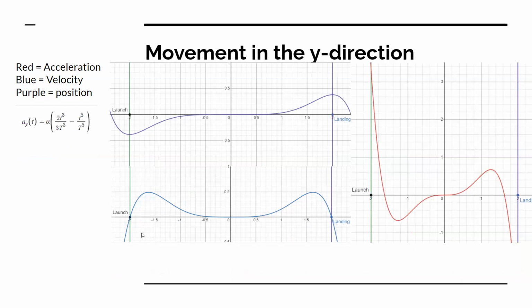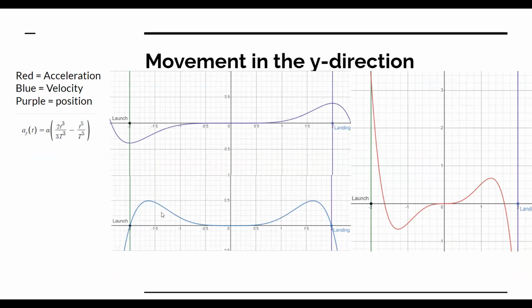All right, for the movement in the Y direction, it's very similar to that in the X direction. However, the one difference is that if we look at the position function that is in purple, it quickly gains altitude, and then it'll level off.